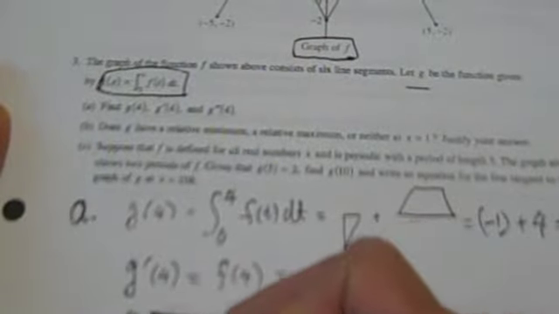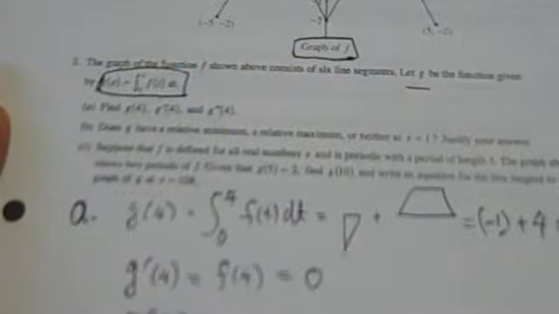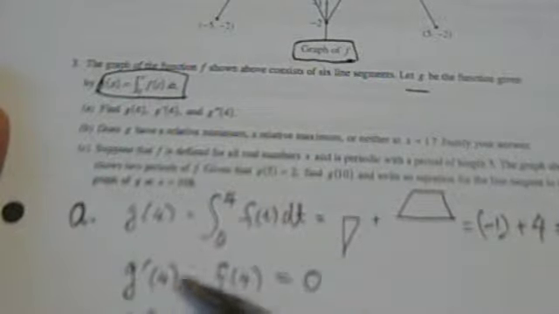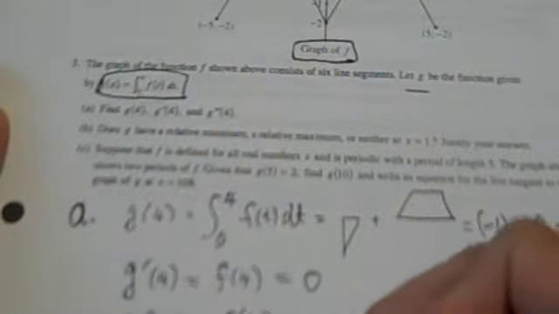What about g? Now we go to g double prime of 4. Now g double prime of 4, if the logic holds, right? g is the integral, g prime is f, g double prime then becomes f prime, right? It follows a very simple pattern.